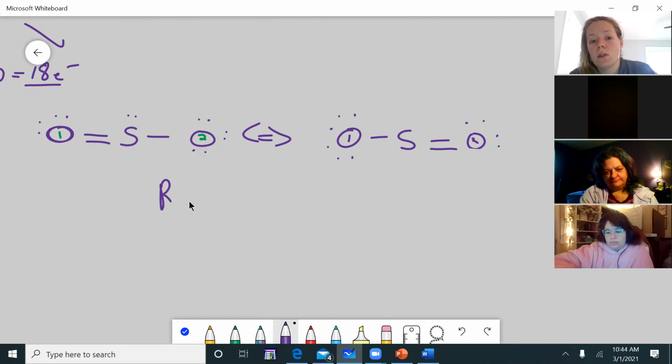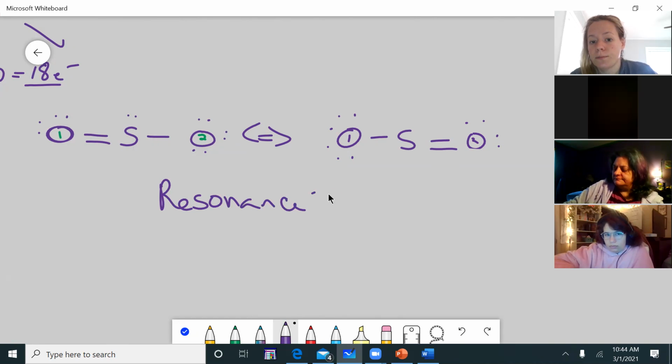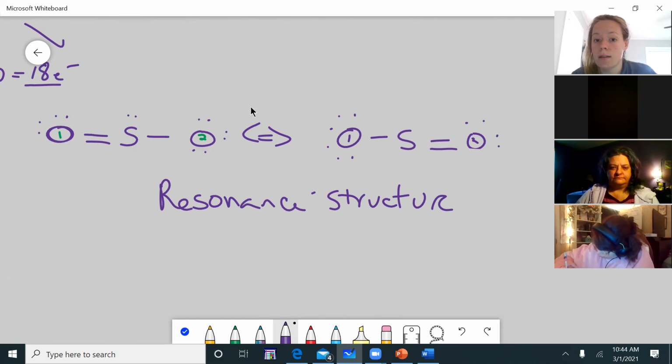So this is known as a resonance structure. Resonance because it's sort of resonating back between these. And it's not that the double bond is actually hopping back and forth, but it's more like the double bond is sort of half existing in both spots.